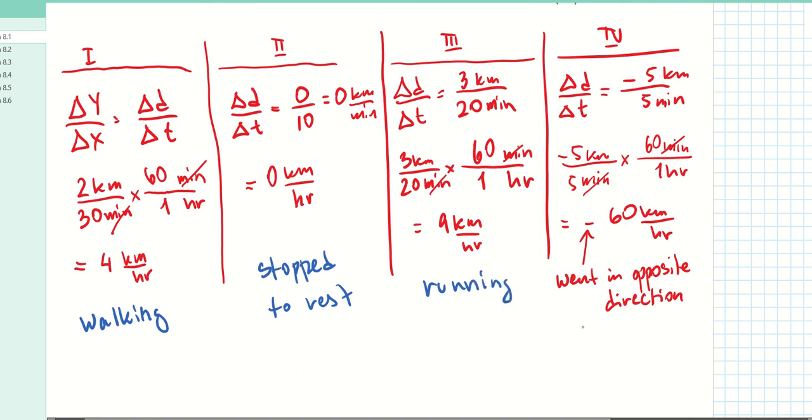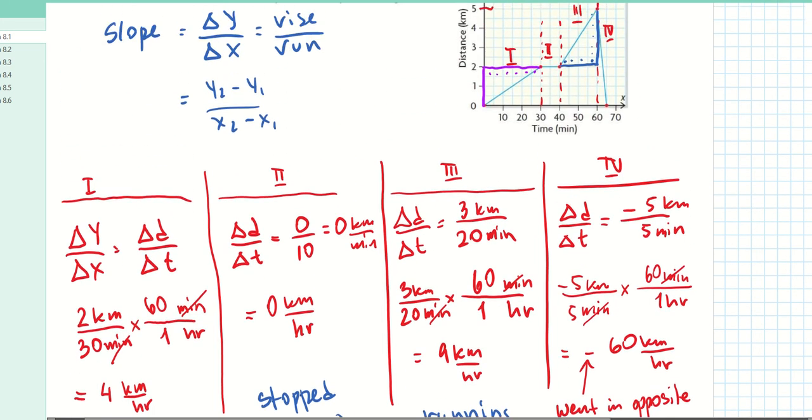And here they took a bus or a taxi to the starting point. That would be more accurate. All right, so that'd be one example.